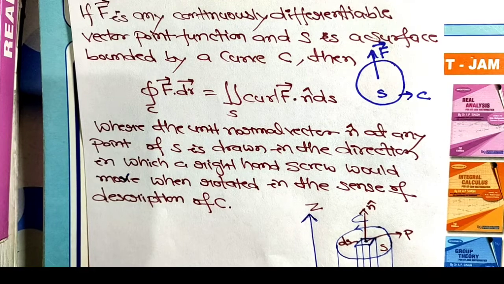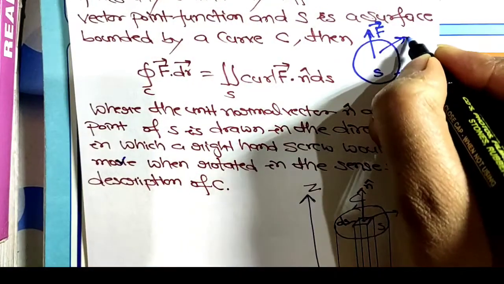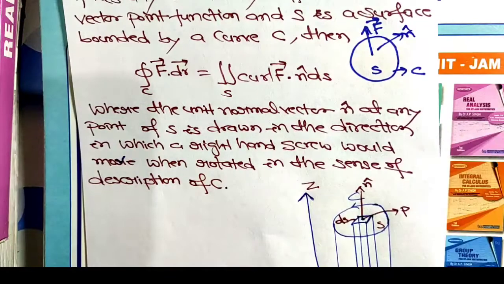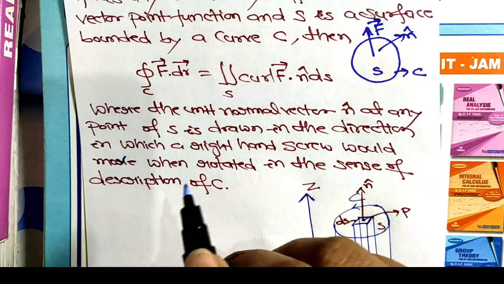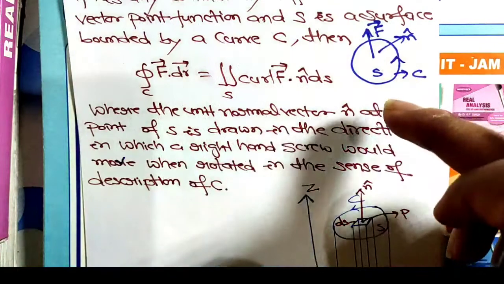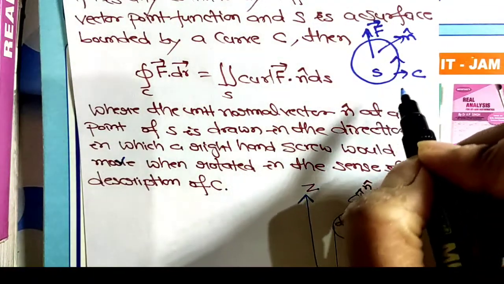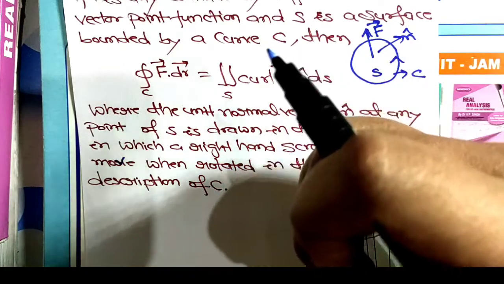What is the meaning of this line? We are going to take the unit vector n in the direction where we apply a right hand screw rule. I hope you have studied the right hand screw rule in physics in class 10, I guess. So if our curve is rotating anti-clockwise, this n vector, the thumb, comes outside.